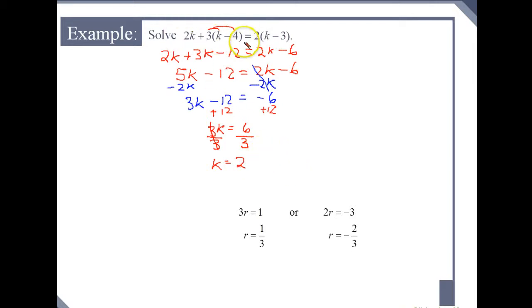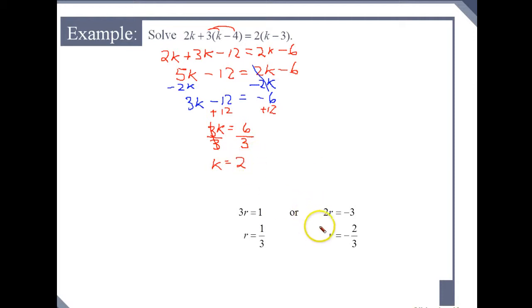Well, these steps in sequential order are the steps of solving an equation. And you see what we've done is we kept modifying that equation little by little until we get to the point where k is equal to something. Okay?